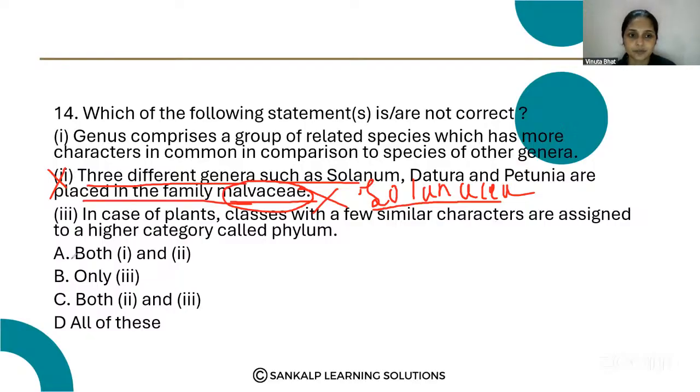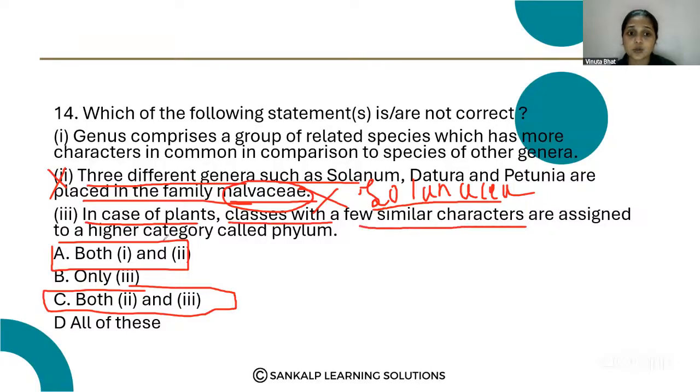So here we can take the option A and the option C. And see, in case of plants, classes with a few similar characters are assigned to the higher category phylum. Is it a correct statement?